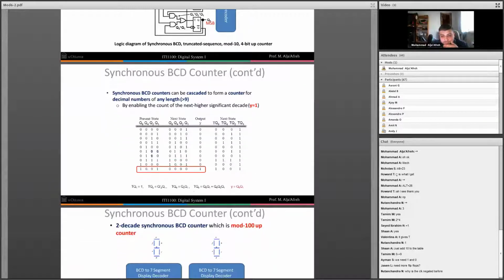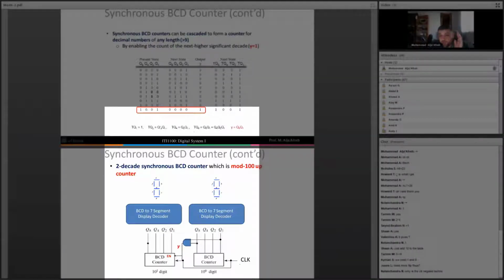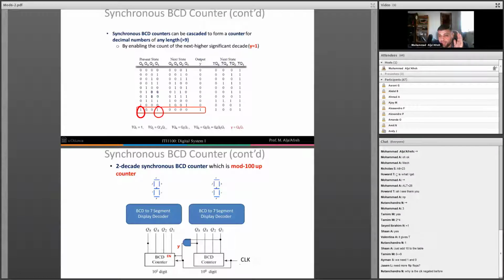Okay, guys. So what will happen is, look at this. Once I reach 9, both of these are high, this one will be activated, will send me an enable, and this one will start working.